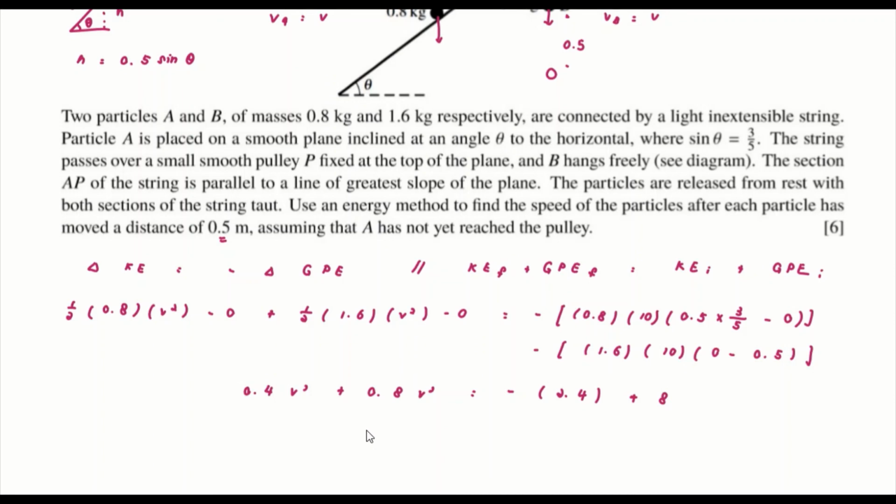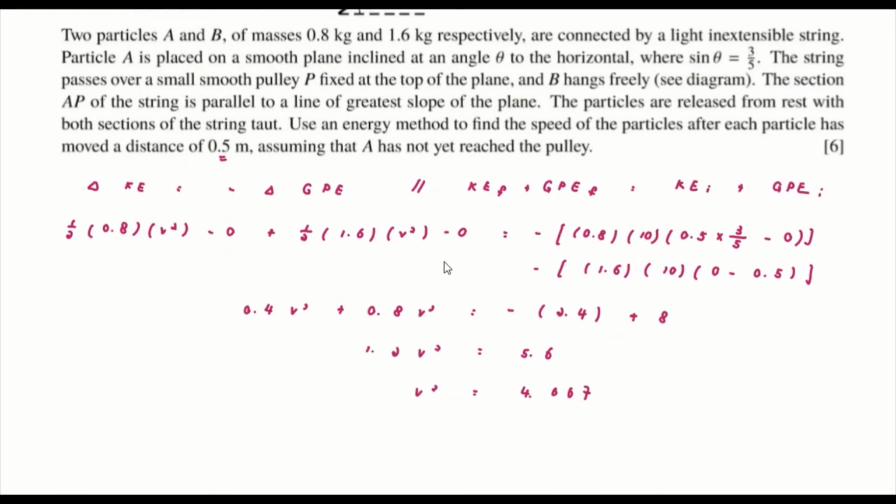From here we get 1.2 v squared equal to 5.6, and v squared equal to 4.667. Then, v greater than 0, so v is 2.16 meters per second. So this is how we solve it.